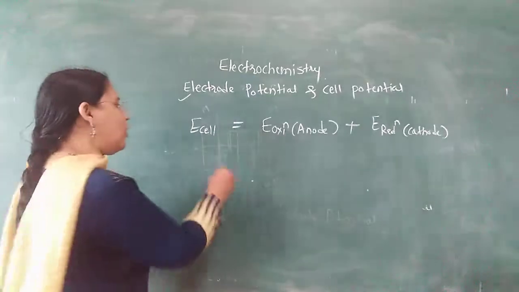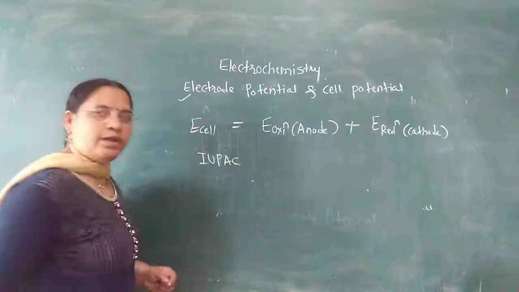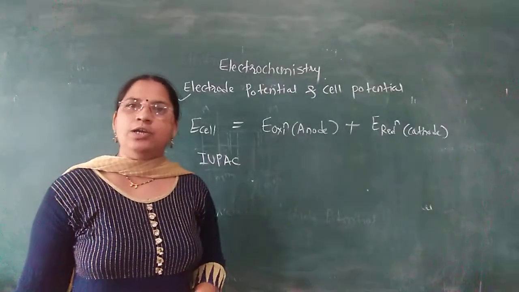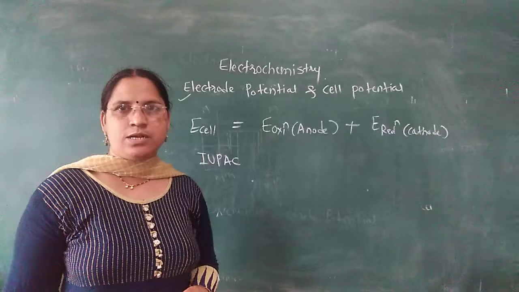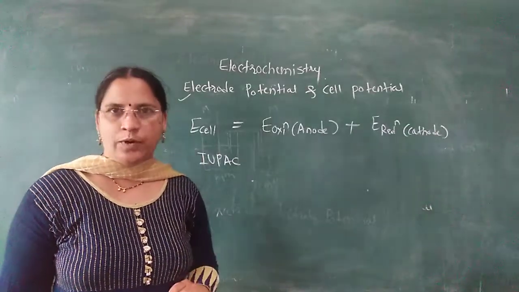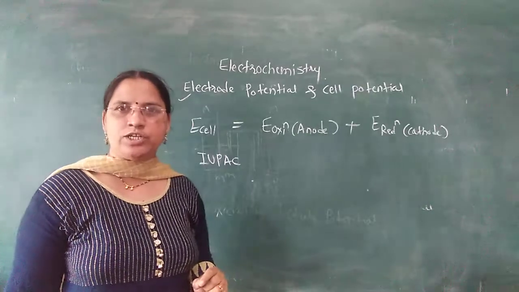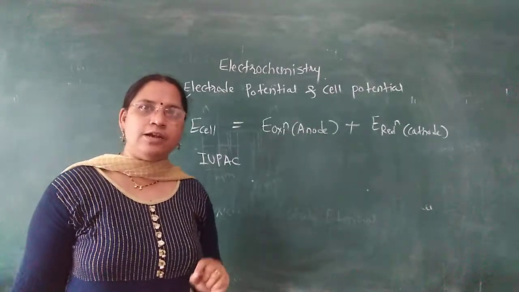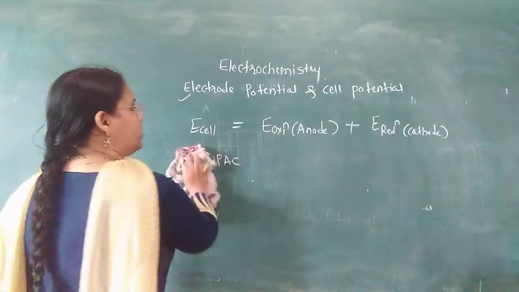But according to the universally accepted IUPAC nomenclature, the cell potential is considered in terms of reduction potential values. We are not taking the oxidation electrode potential values; we consider the reduction potential values. So how do we find the reduction potential values?